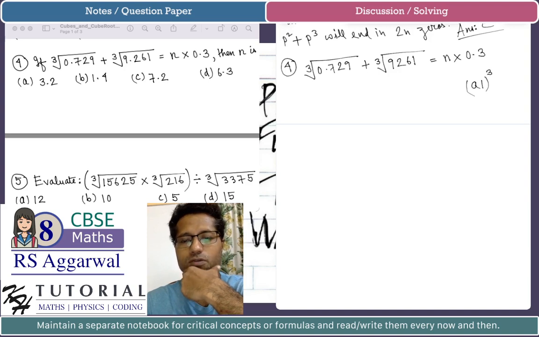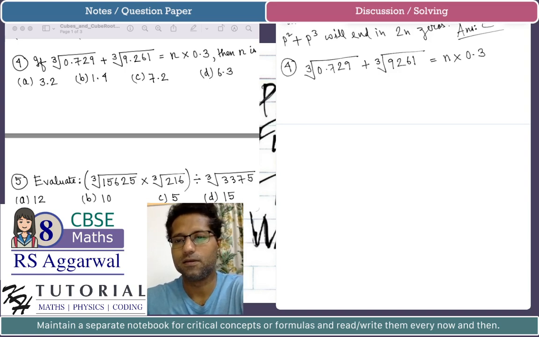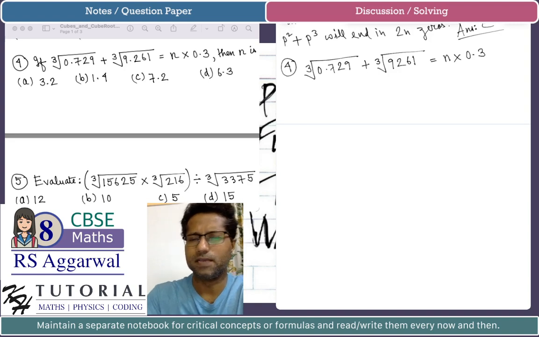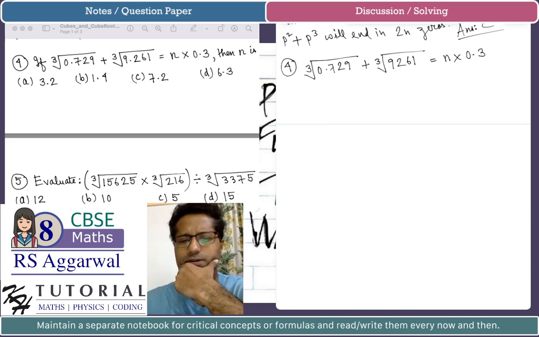Using prime factorization, you can find the cube root. Let's apply the prime factorization instead of guessing. You can also do a little estimation. There are methods of estimating or even accurately finding the cube root of some number by just doing some guessing based on some logic.